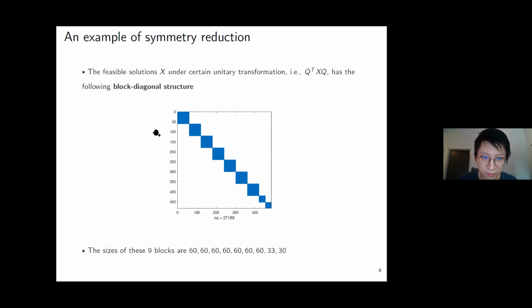That means instead of solving a problem with a PSD variable of size 500 by 500, we can instead work on a problem with smaller blocks whose size is at most 60. That is a very big difference. For most machines, you're not able to solve a problem whose size is 500 by 500, but you can easily solve one with 60 by 60 matrices on your laptop.